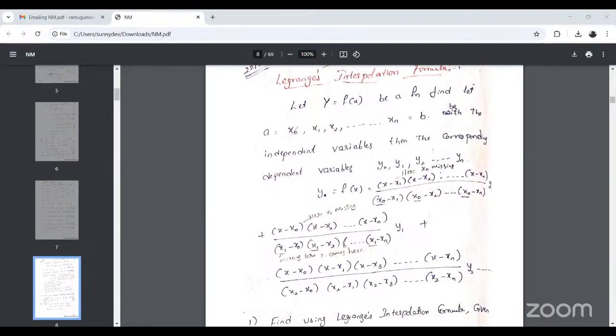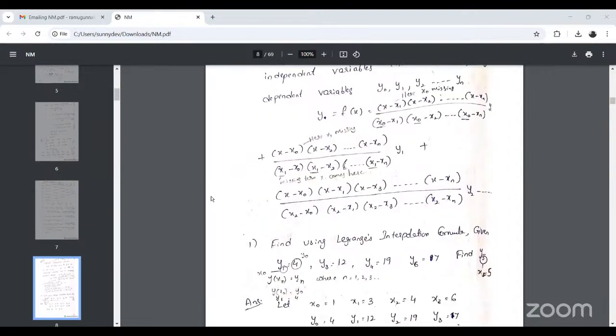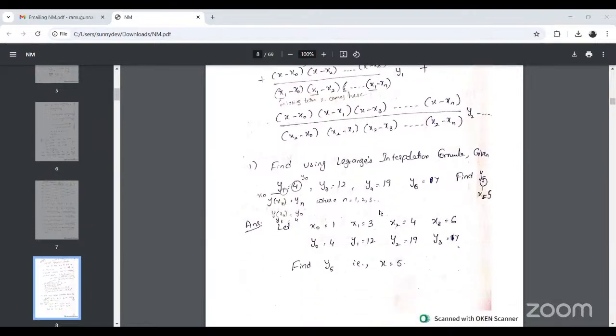So this is the Lagrange interpolation formula. And see, problems are compulsorily coming in the examination on the Lagrange interpolation formula, Newton's forward and Newton's backward.